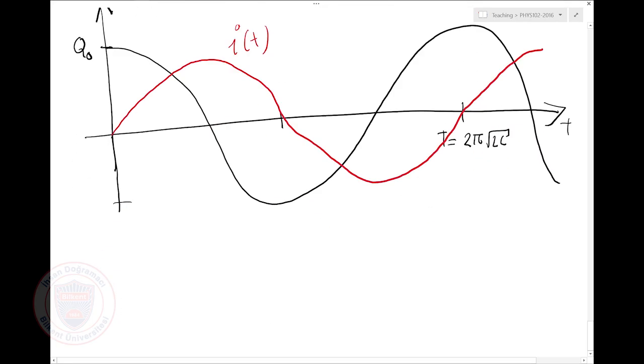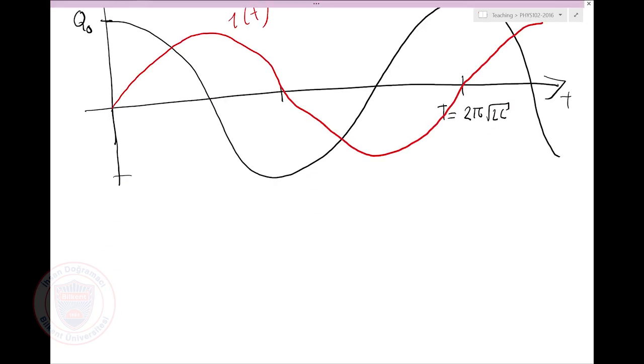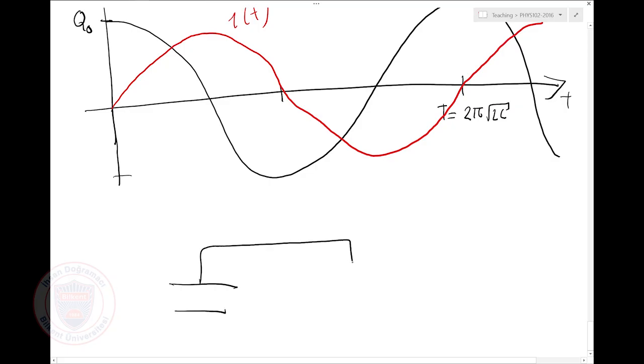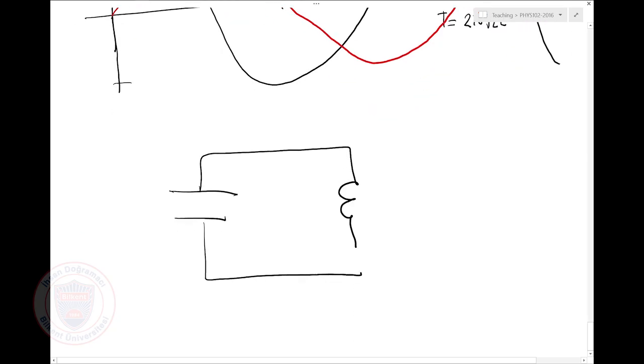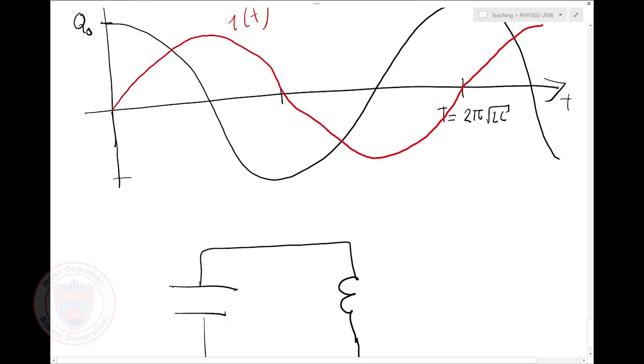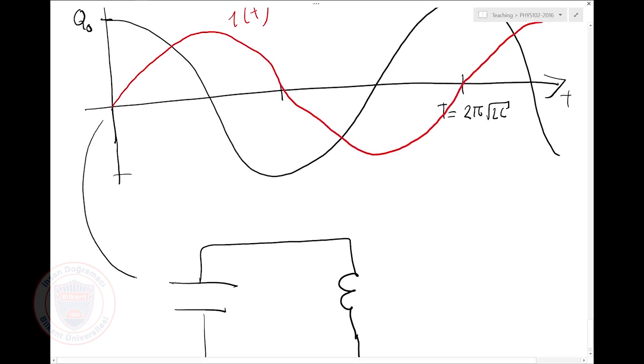So what do I see in the circuit? Let's draw different situations here. At exactly the start, I have Q0 charge here and 0 current through the circuit.